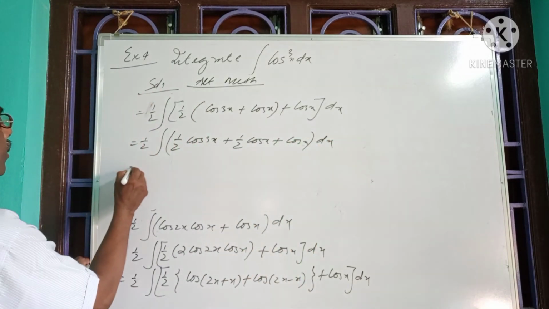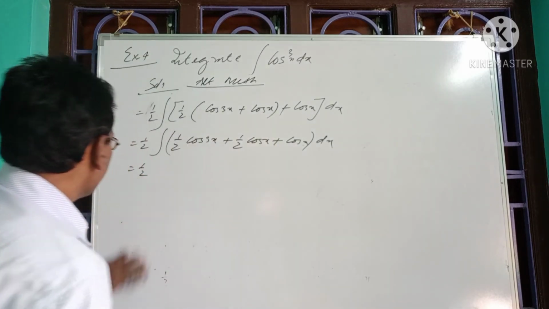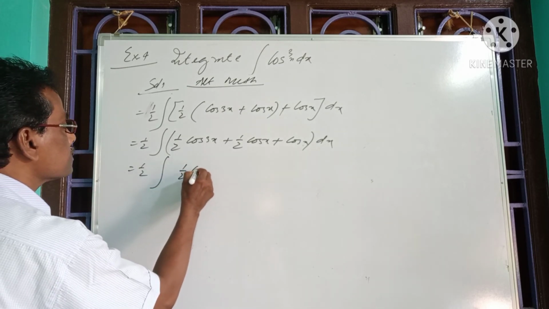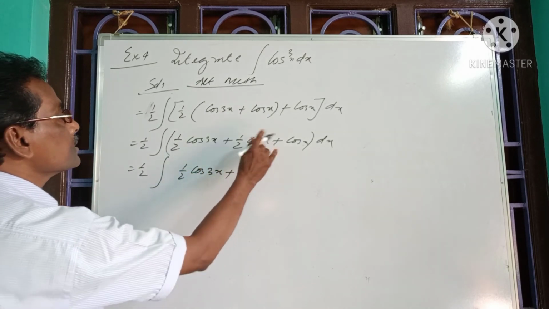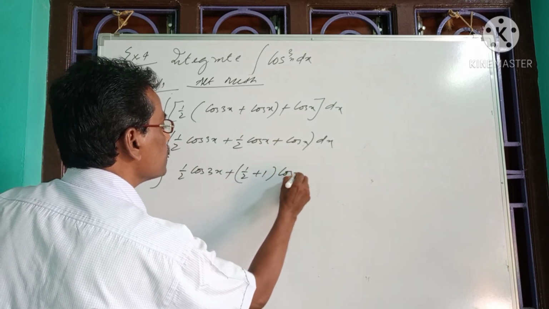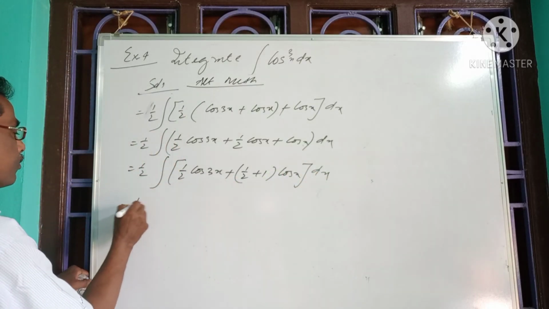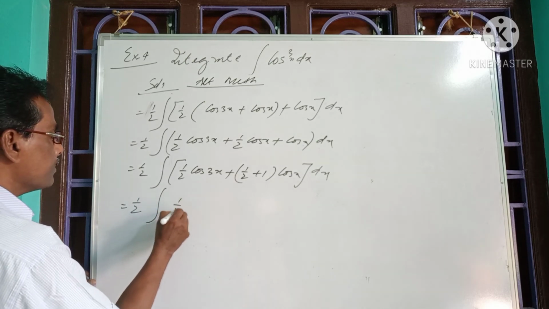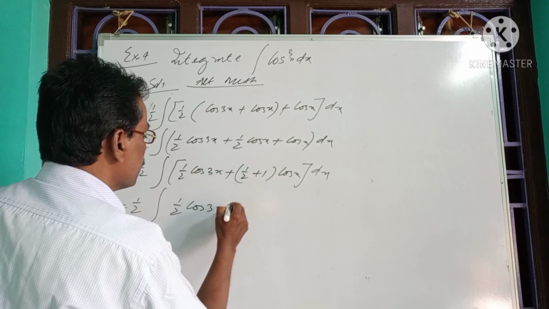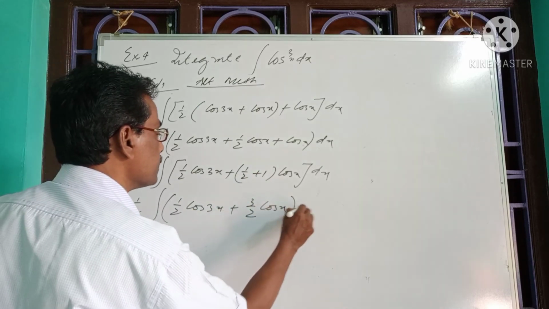So we have half into integration of half cos of 3x plus, taking cos x common, we have half plus 1 into cos x, whole integration with respect to x. So again simplifying, we have 1 by 2 into integration of half into cos of 3x plus, this will give us 3 by 2 into cos x, whole integration with respect to x.